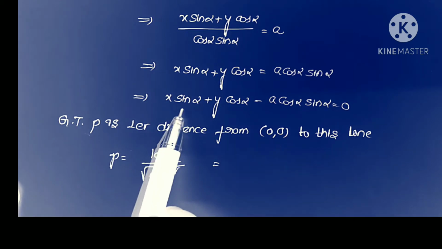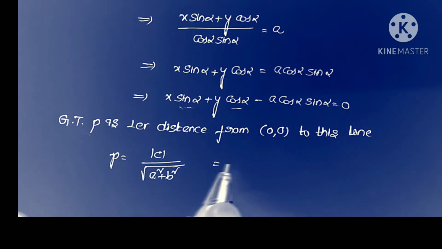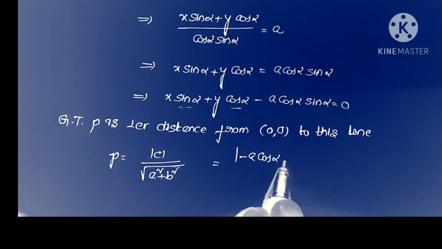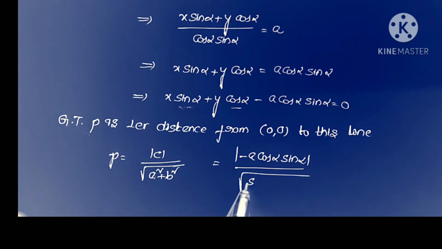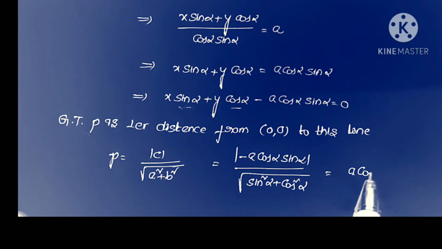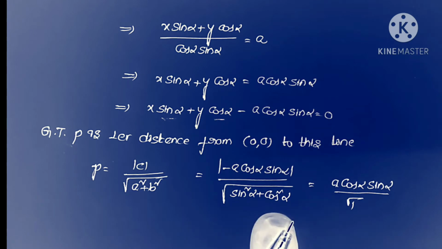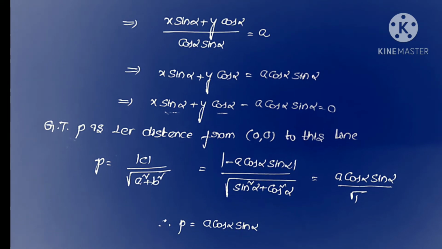What are the a, b, c values? a is equal to sin alpha, b is equal to cos alpha, and c is equal to minus a cos alpha sin alpha, the constant. So modulus of minus a cos alpha sin alpha by square root of sin alpha whole square, sin square alpha, plus cos alpha whole square, cos square alpha. Under the modulus, minus a cos alpha sin alpha becomes a cos alpha sin alpha, by root of sin square alpha plus cos square alpha, which is equal to 1. Therefore the value of p is equal to a cos alpha sin alpha.